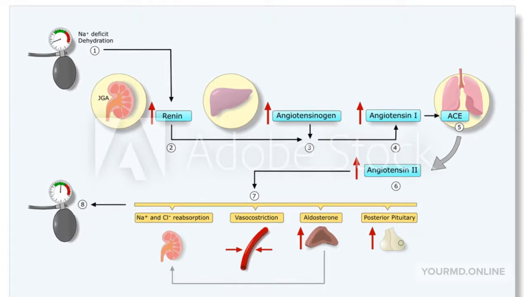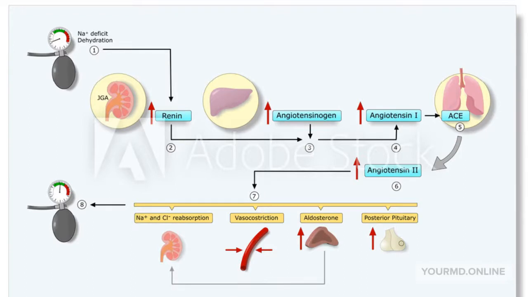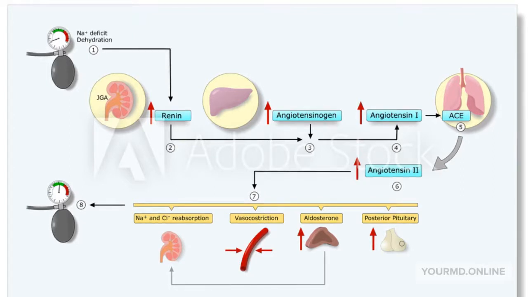It's important to recognize that the renin-angiotensin system is activated when your kidneys sense a deficit in salt levels in your bloodstream, and also when you're dehydrated, which results in production of renin and then the domino effect of eventually producing angiotensin II.